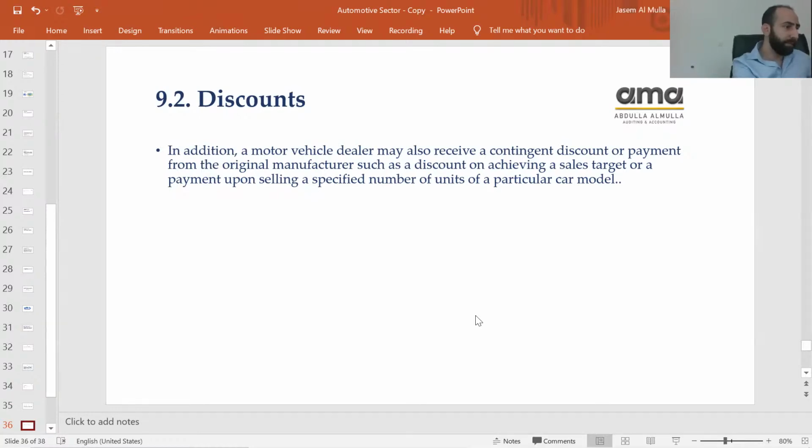Where the discount payment actually reduces the original value of the car, the manufacturer should issue a credit note to reduce the value. If the discount or payment is received because the motor vehicle trader has performed a specific activity, the motor vehicle dealer should issue a tax invoice and charge VAT at the appropriate rate depending on the nature of the supply.